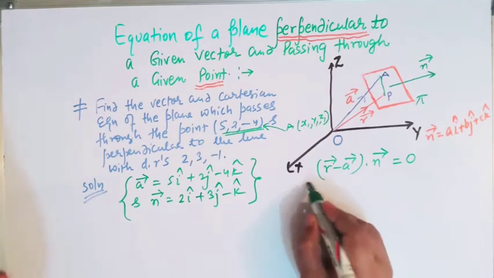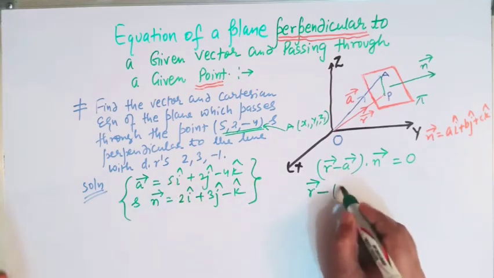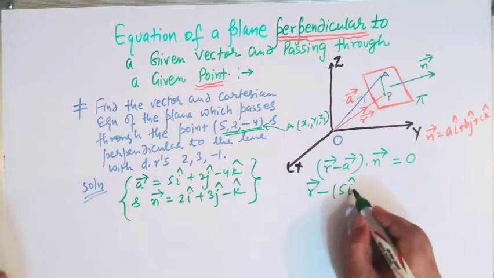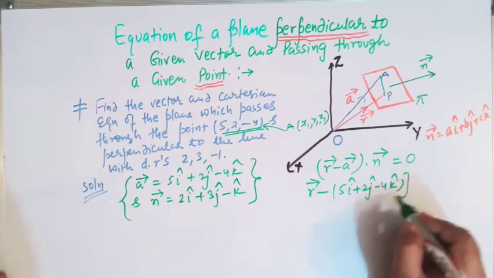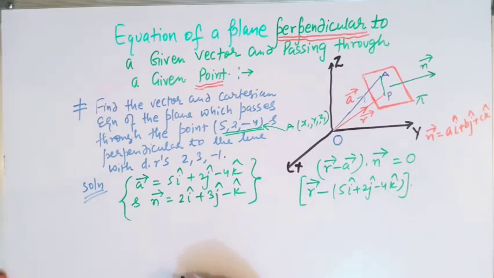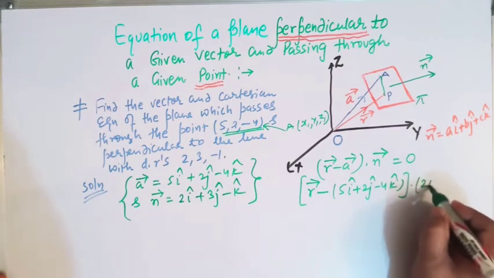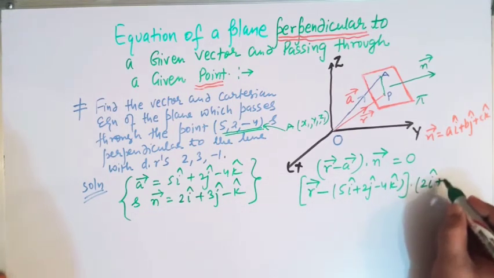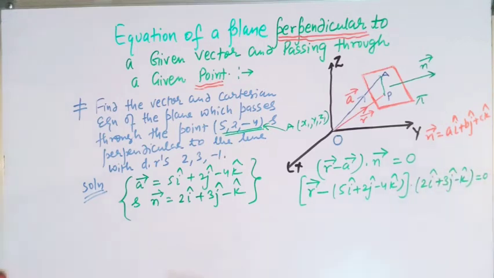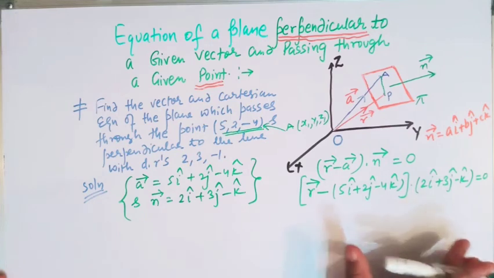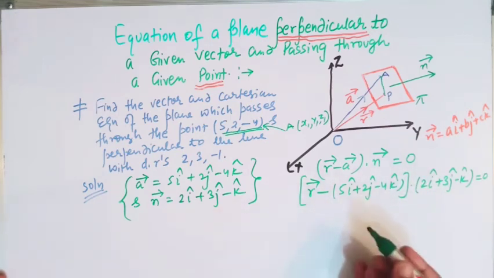So we have vector r minus vector a, given as 5i cap plus 2j minus 4k, and the dot product is taken with the vector n, and here we have 2i cap plus 3j cap minus k cap equal to 0. So this is the vector equation.